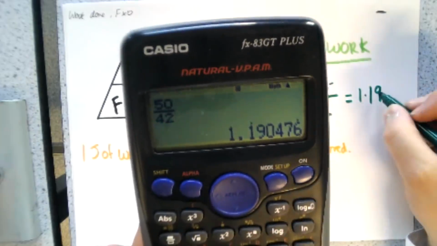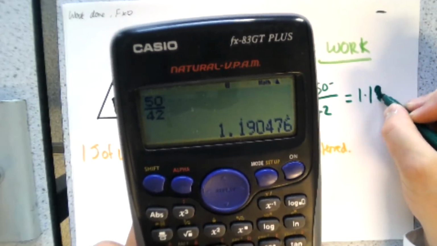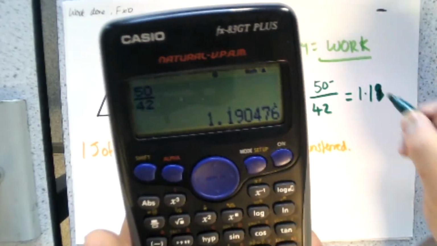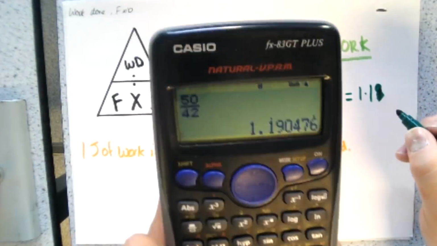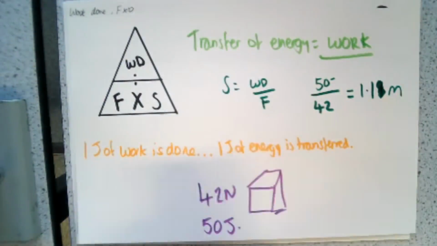In fact, to be fair, I've just done the recurring thing there. So I didn't see the recurring there, so we'll keep it as 1.1. And we're working out a distance, so it's going to be in meters. So if that box was pushed with that force and that much work is done, that's how far it has gone in meters.